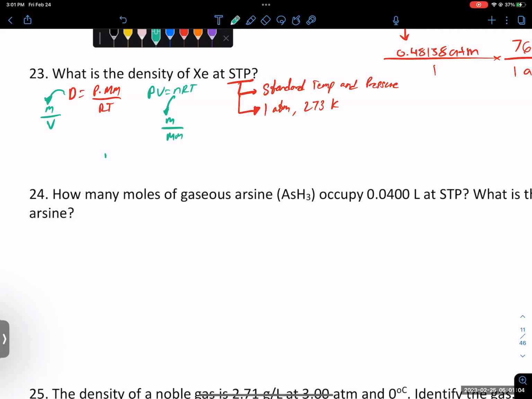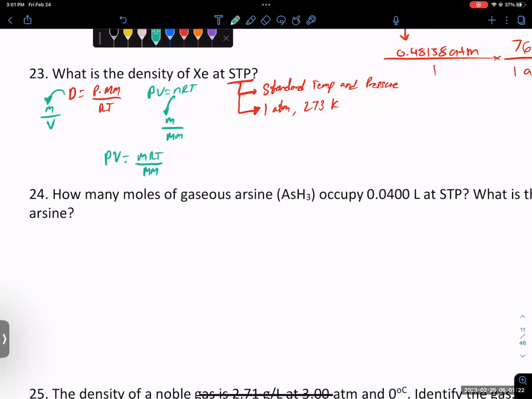So you rewrite the equation: pressure times volume equals mass times RT over molar mass. Now it's just a matter of rearranging to get mass over volume.